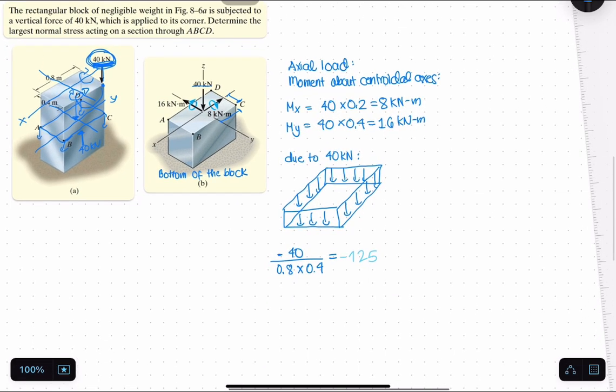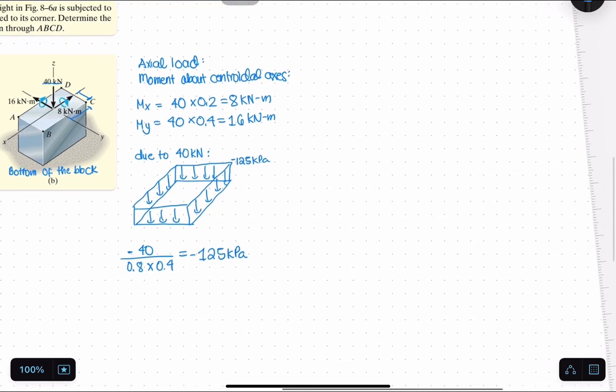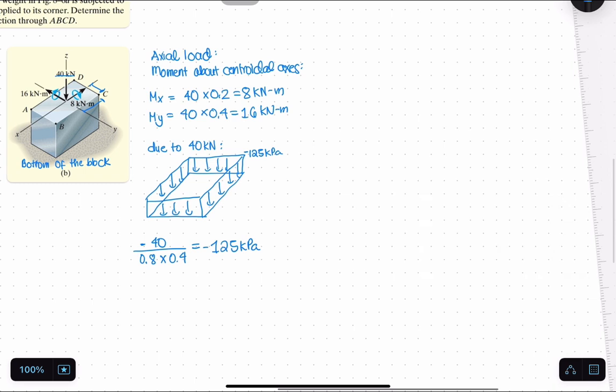So you have negative 125 kilopascal. Okay? So 125 kilopascal. Lagyan ko na lang ng negative para mamaya hindi tayo malito. Okay? That is due to 40 kilonewton.